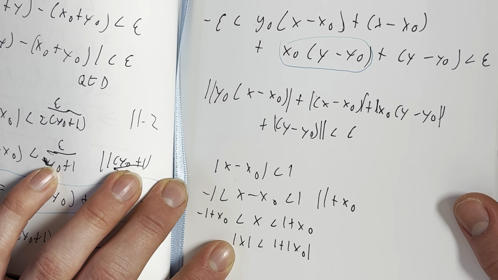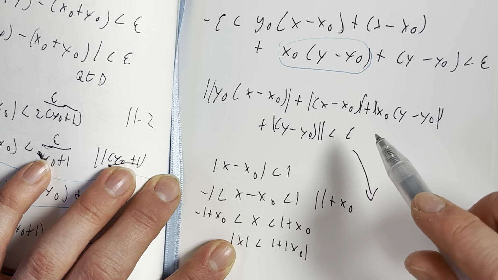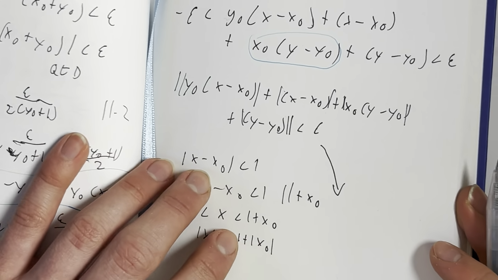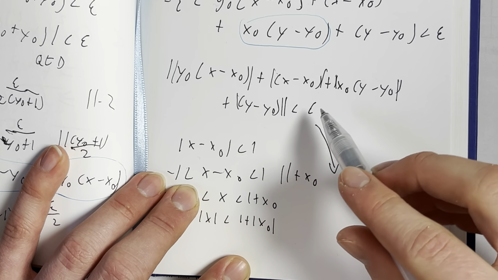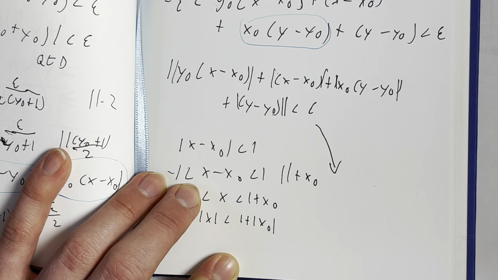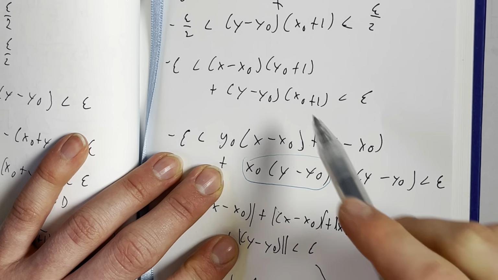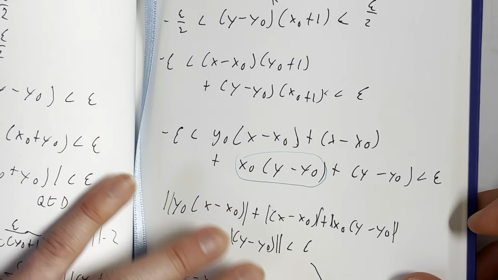And then in here we get this type of chain, because x is less than 1 plus x0, which was, so for example here we have 1 plus x0, we can change this to x. I'll open a new page so I can write it more clearly.